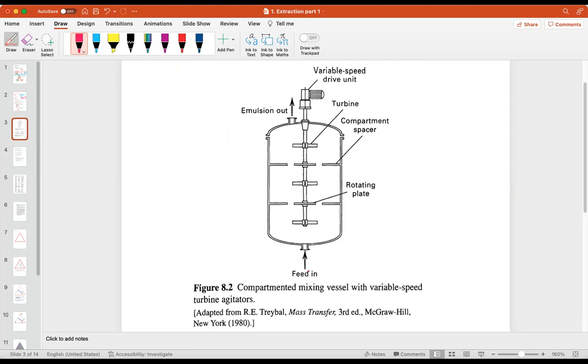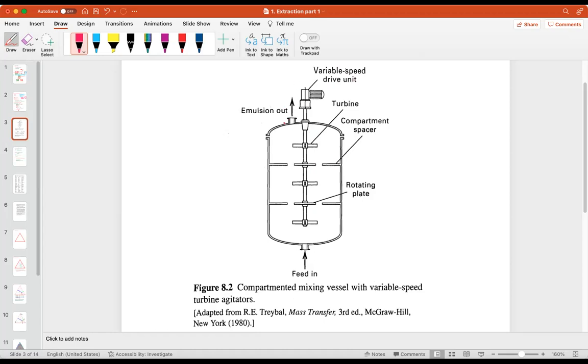We have the feed, which is the mixture of the initial liquid and the extracting liquid, and they are contacted together with this agitator, powered by a variable speed drive unit. Sometimes we use a baffle or compartment spacer, and after they are contacted together, they will form an emulsion.